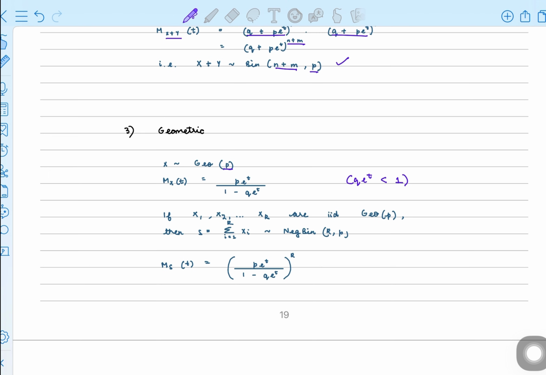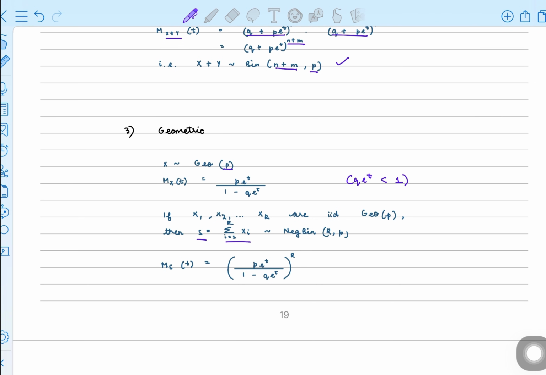Now suppose x1, x2 all the way up to xn are independent geometric random variables. Then we define s as the sum of all of these random variables. Now, we know that a geometric random variable counts the number of trials needed for one success.